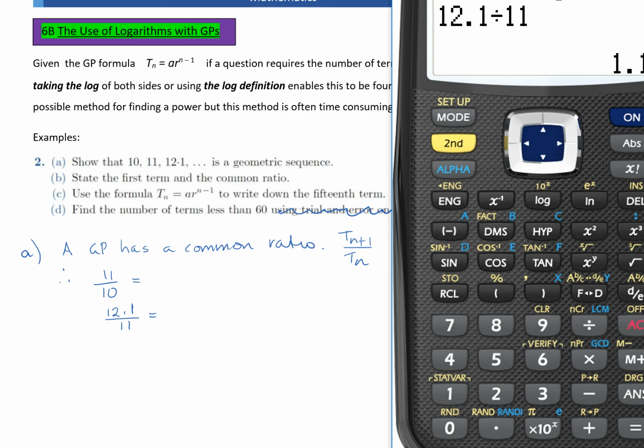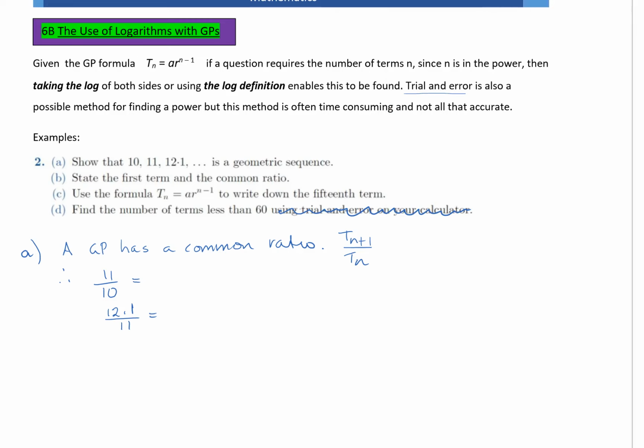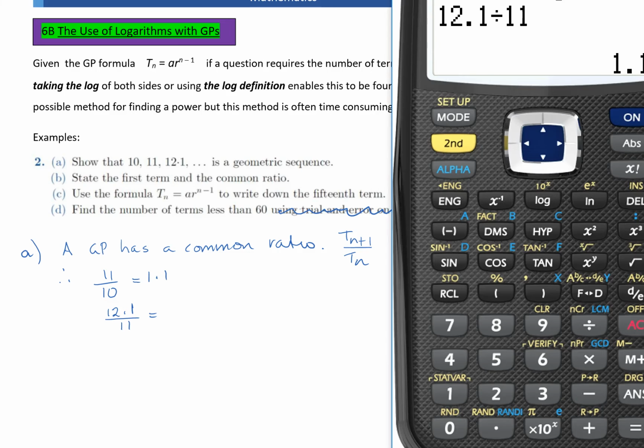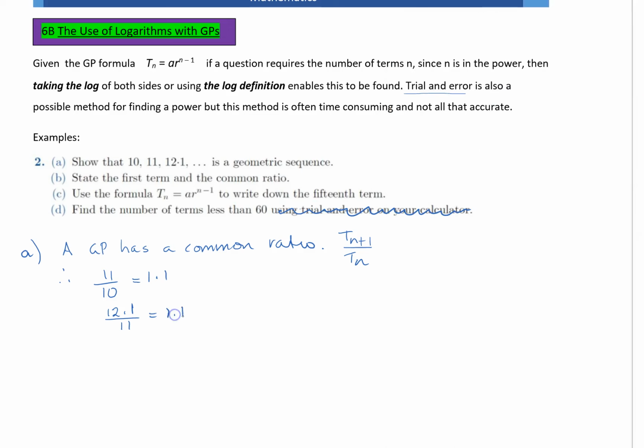Now 11 on 10 as a fraction we probably don't have an extensive understanding of, but 11 on 10 is 1.1 as a decimal. And then you could see by the calculator that the third term over the second term, this 12.1 divided by 11, is also 1.1. That's sufficient to say, therefore, the sequence is geometric.